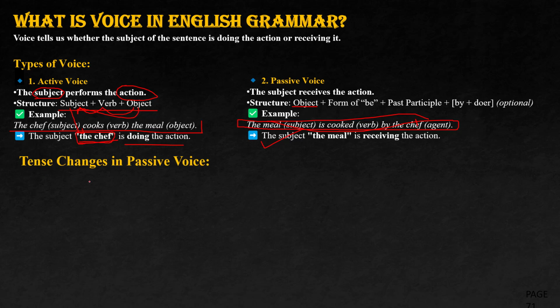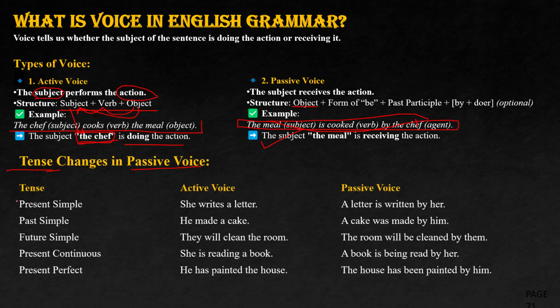Now how exactly are we going to use active voice and passive voice in the tenses? Anyway, tenses are the basic need for all sentence formation. So in sentences, how are we going to use the active and the passive voice? Example: these are the mostly used five tenses in day-to-day activities.